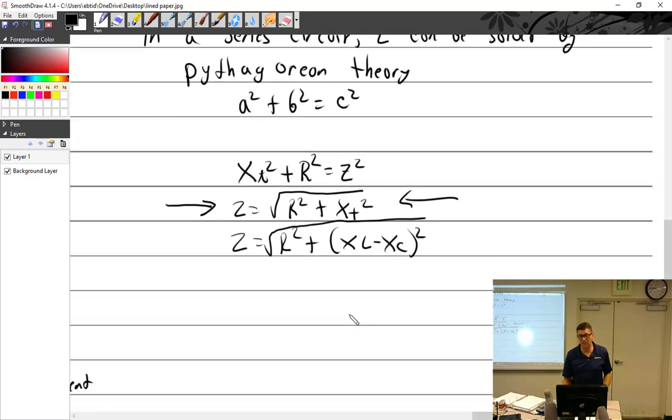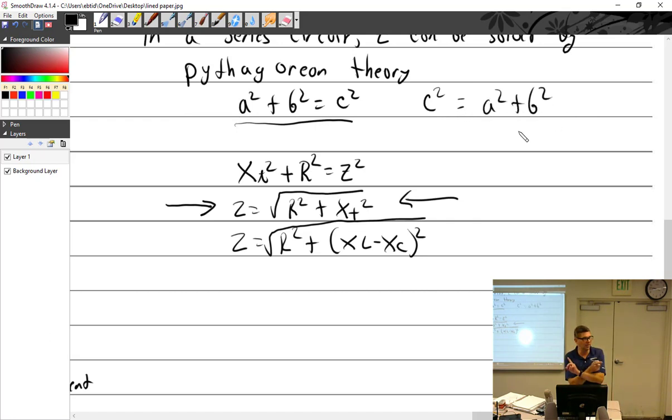So if it were me and I were writing stuff down on my formula sheet, I would write Z equals the square root of R squared plus X total squared. And if we look at what we're talking about, Z, we've just rearranged this equation up here, where it's basically, turn it around backwards, c squared equals a squared plus b squared, right?